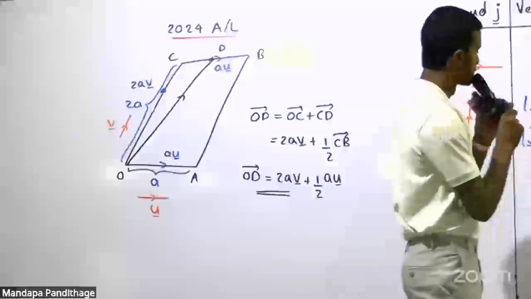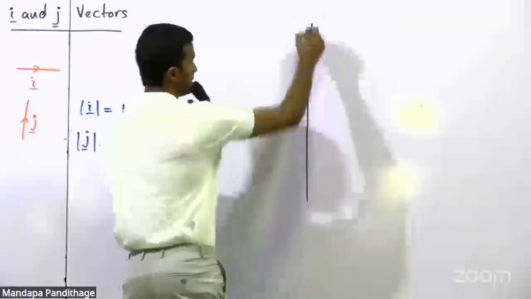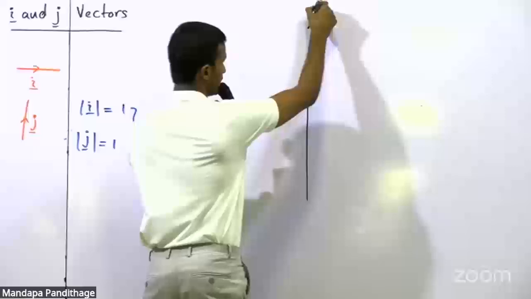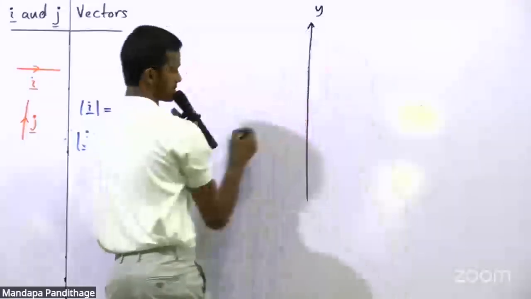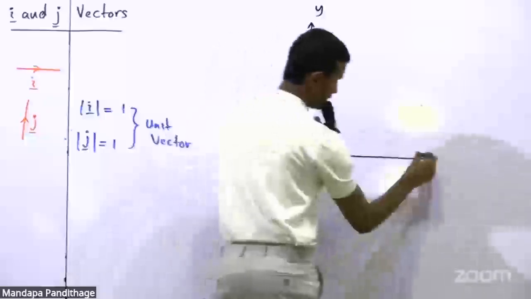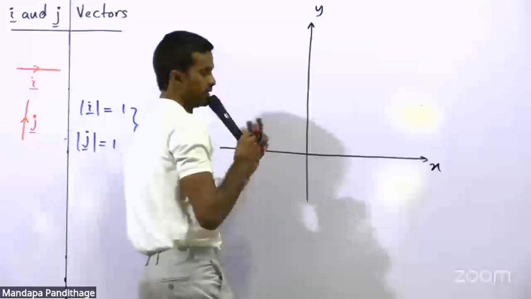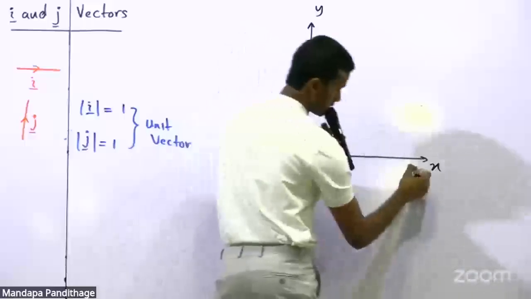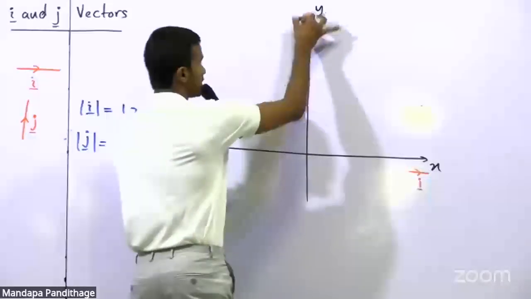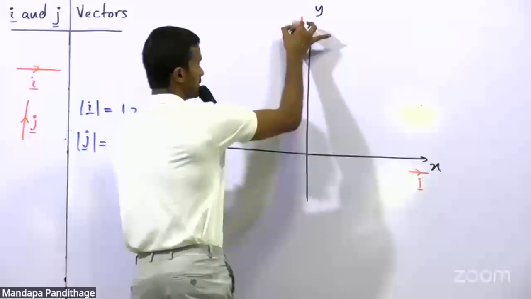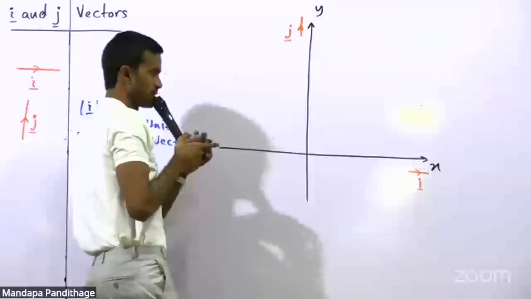Look at this. Now, if we have this coordinate plane, we have y here and we have x. The unit vector in this direction is I, and the unit vector in this direction is j. Now look at this.